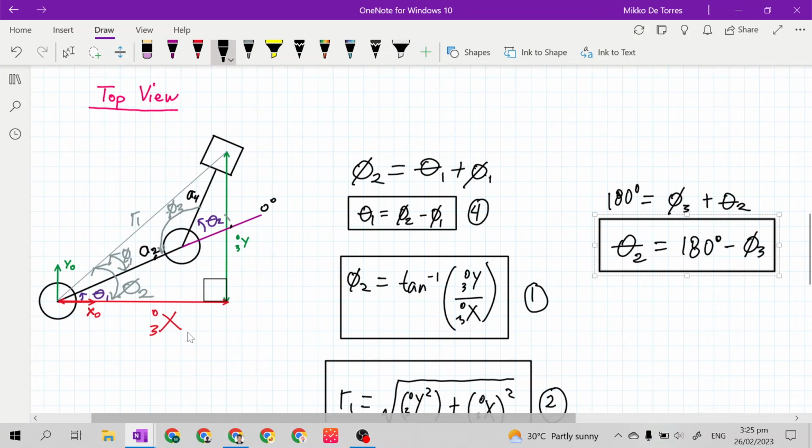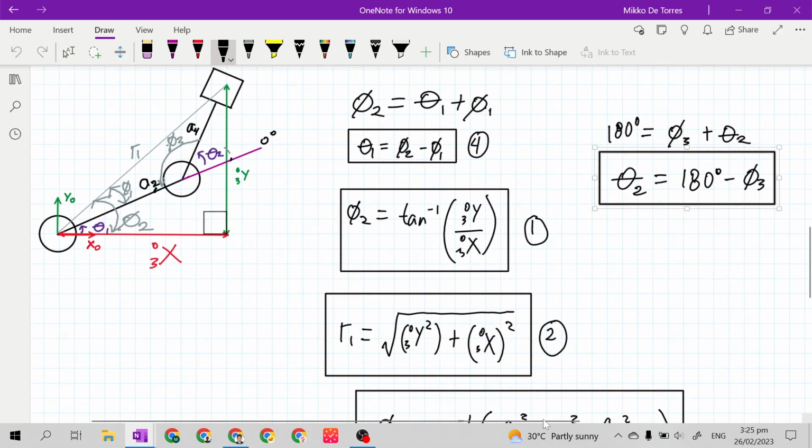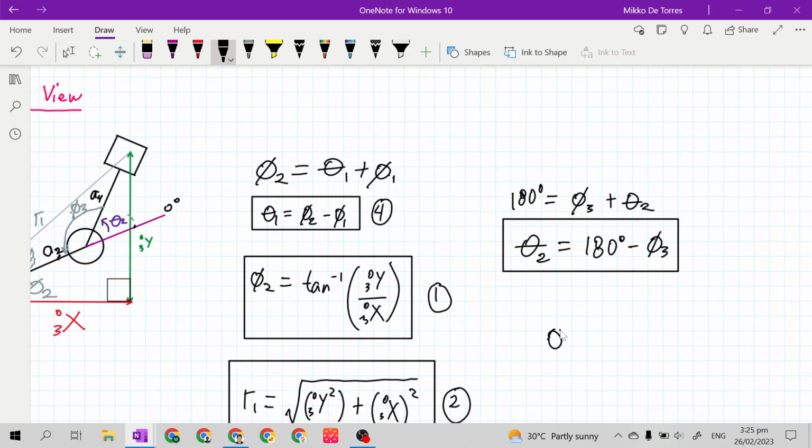So phi 3 is inside a triangle which is not a right triangle, so we will use the law of cosines. Inside this triangle, we have three given sides, the A2, A4, and R1. The opposite side of phi 3 is R sub 1. So our formula of law of cosines will look like this.